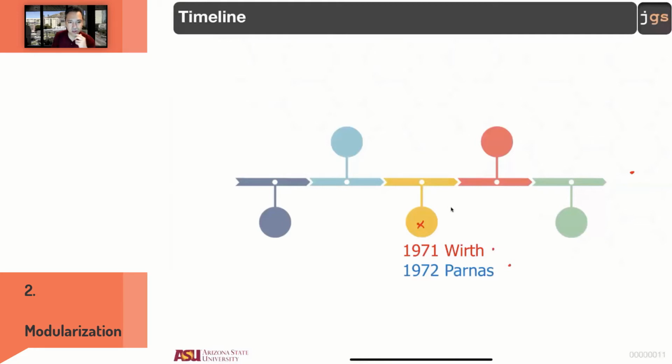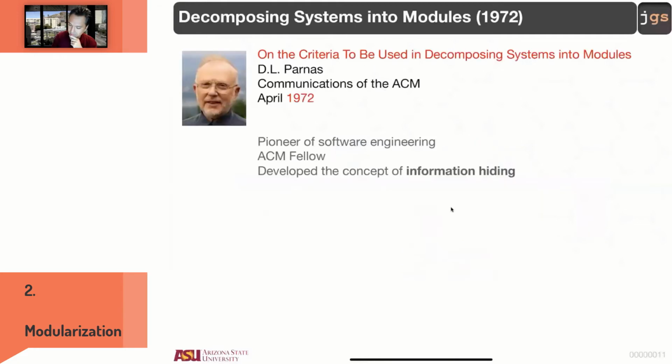This is the name that we know today. This paper is important because it is the beginning, the idea put on the table in software design, of the importance of information hiding.